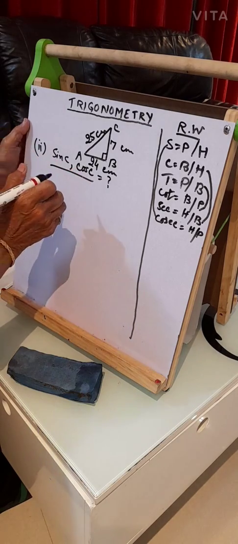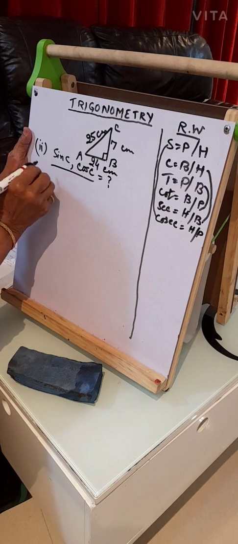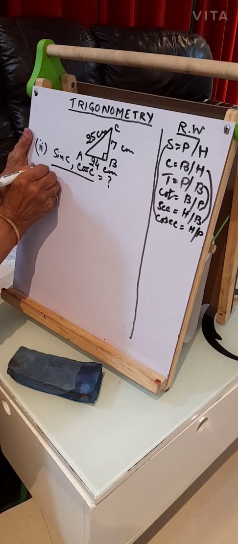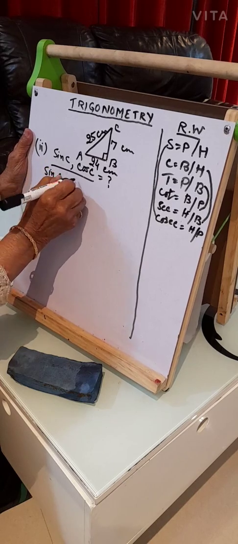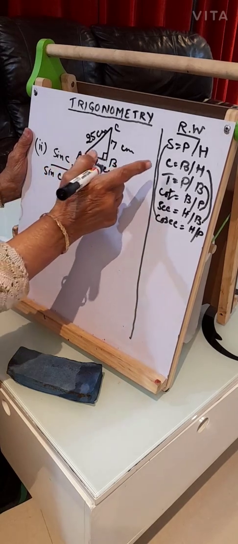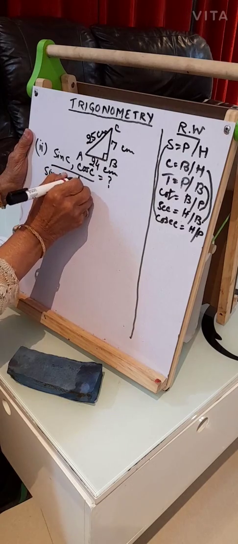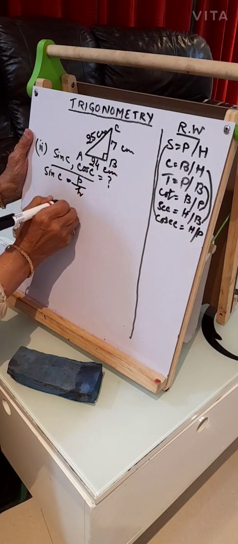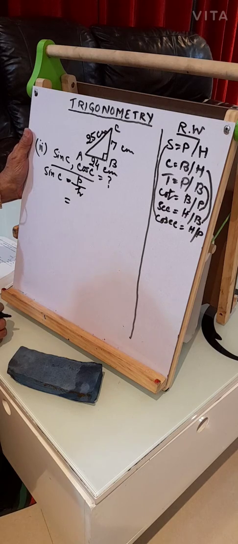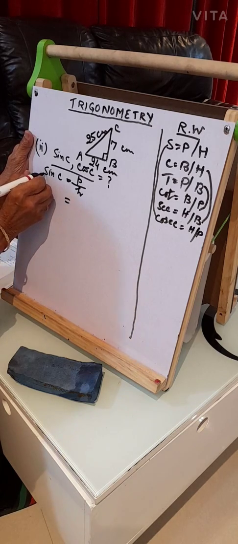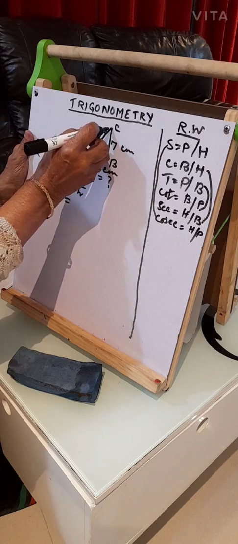So, how will you find sin C? Sin is equal to P over H. Now, we have been asked to find the value of sin C. Sin C कैसे आता है?